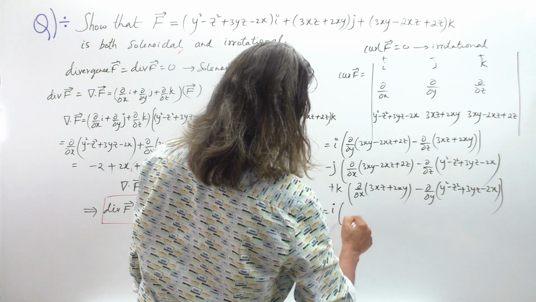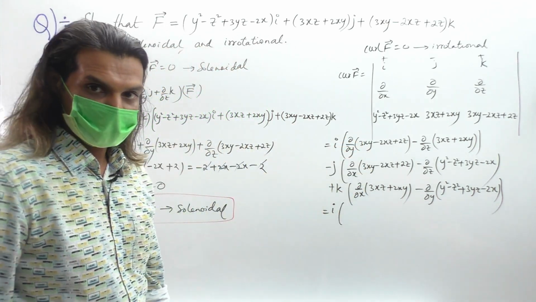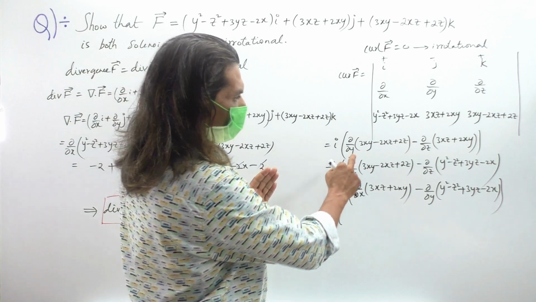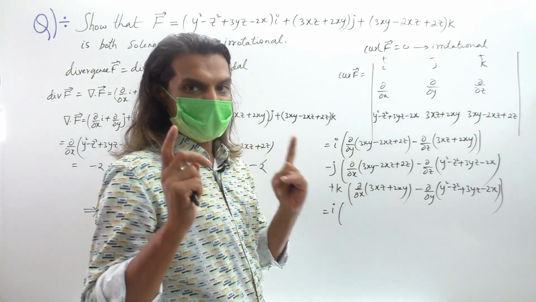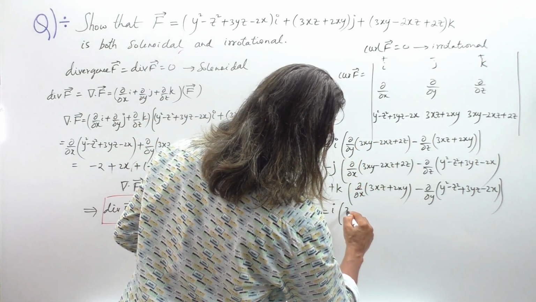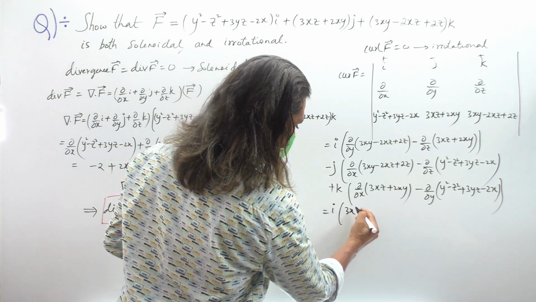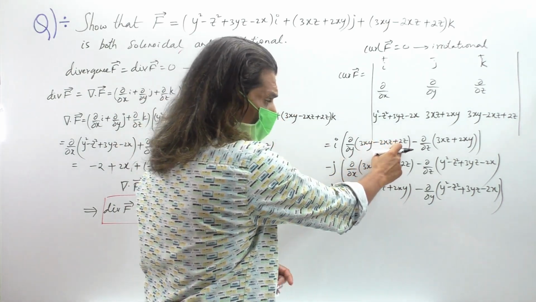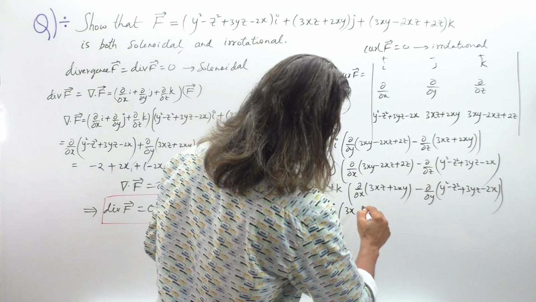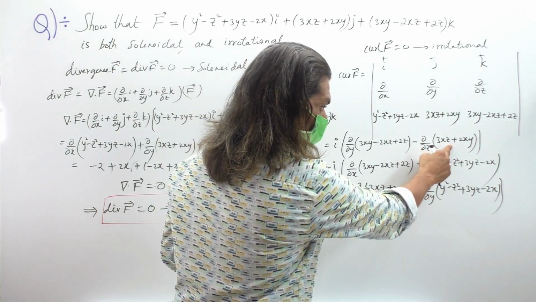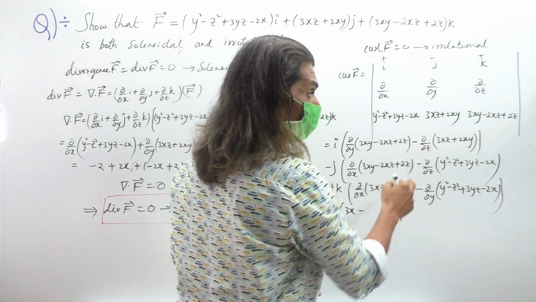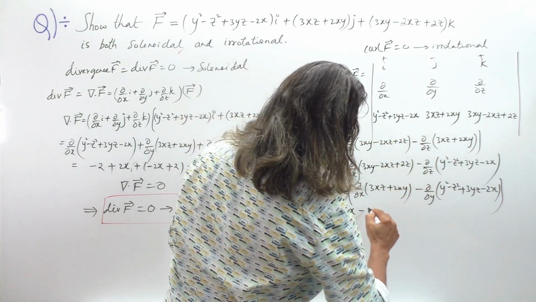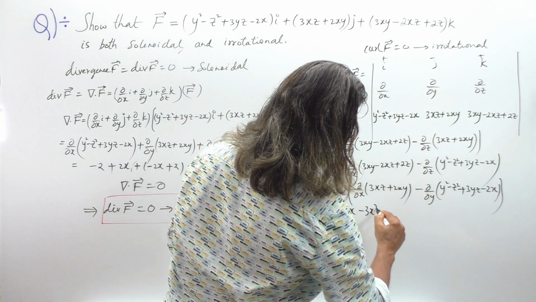So i into ∂/∂y, again careful, you are partially differentiating only with respect to y. So 3x as it is, y is here, differentiation of y is 1, there is no y in the other terms so it will be 0, minus ∂/∂z of, see 2x is 0, 3xz, so 3x as it is, differentiation of z is 1.